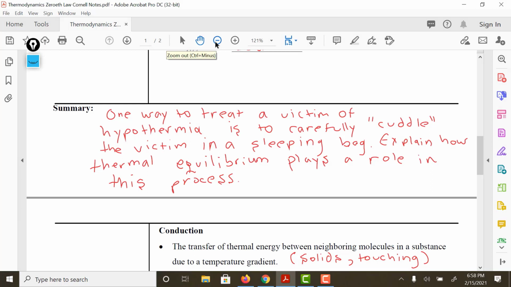Summary. So you may have heard of hypothermia. It's a condition where a warm-blooded individual, a human for example, loses their capability for what we call homeostasis. Homeostasis is the ability of an organism to maintain its internal temperature the same regardless of the environment it's in.